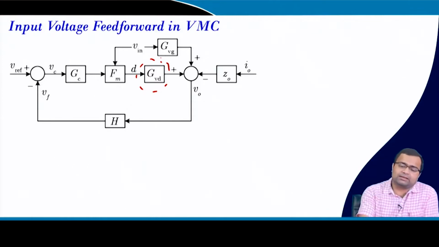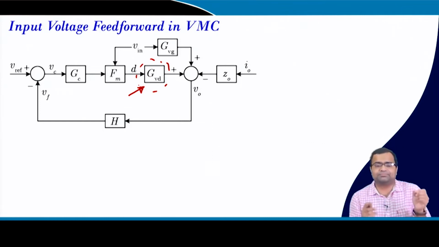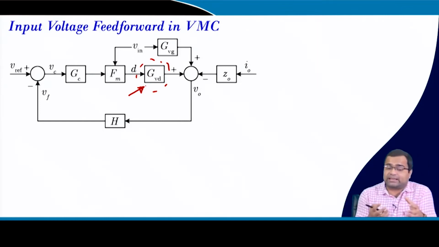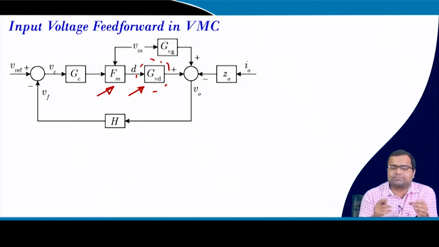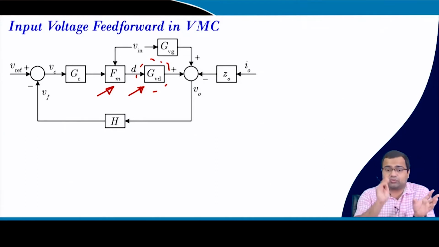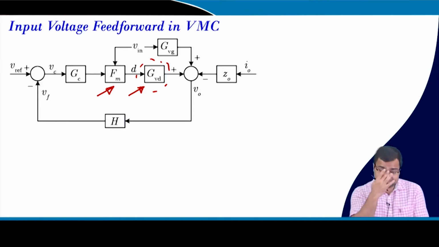Assume that there is a transfer function which can be derived, which captures the frequency response behavior of the output voltage with change in duty ratio. This is the modulator gain, and that we have discussed: if we are using a sawtooth waveform, the modulator gain is 1 by the peak voltage of the sawtooth.